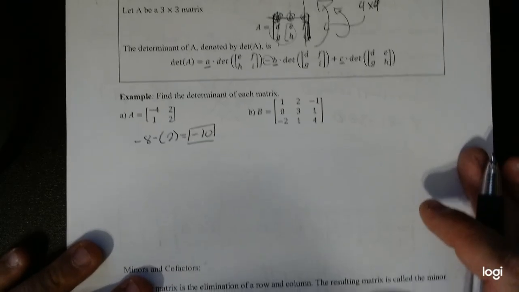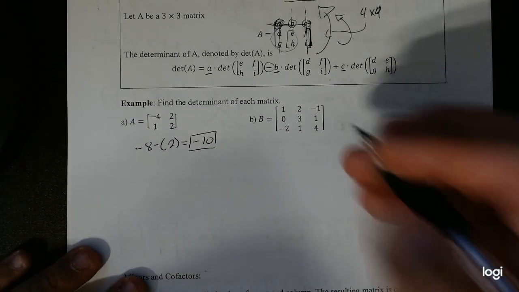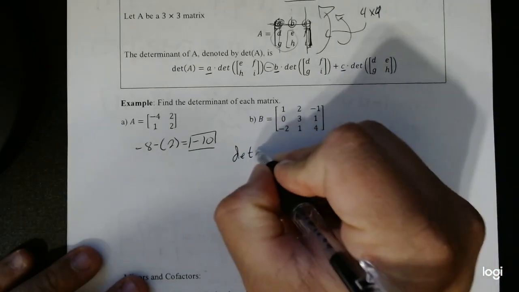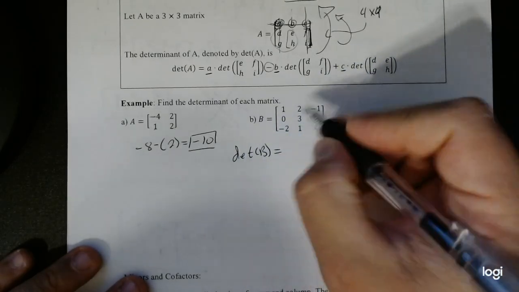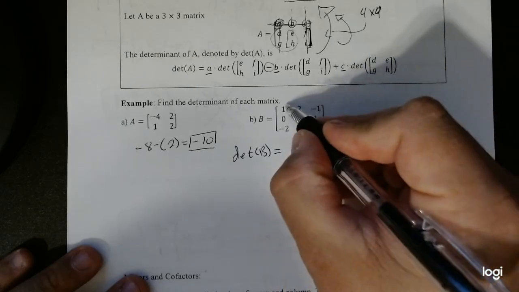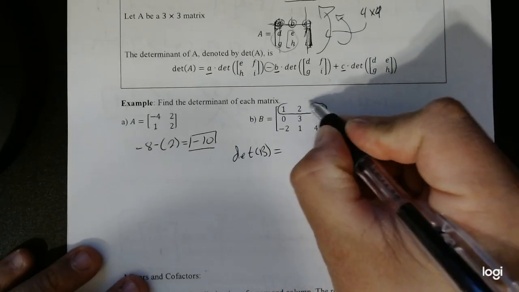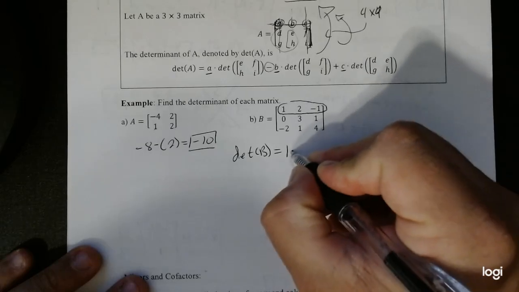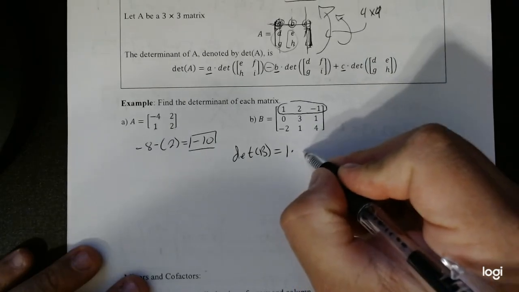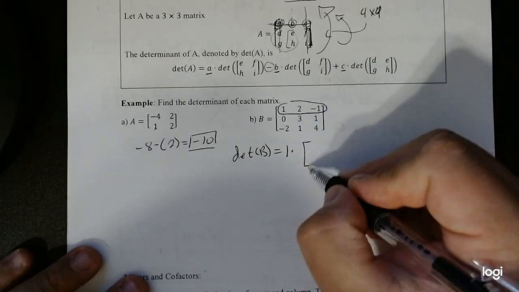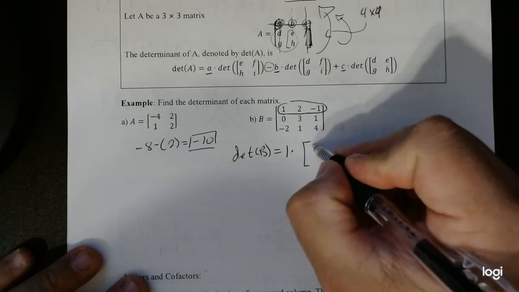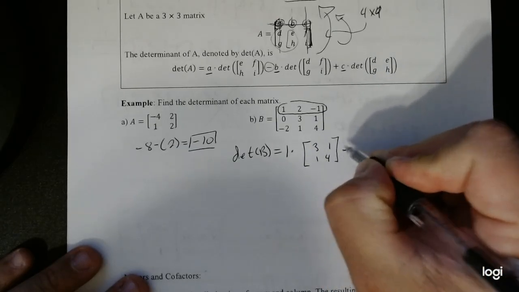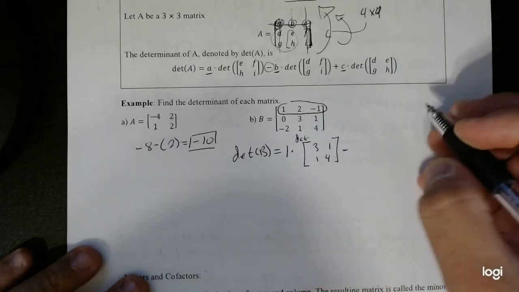So now using our new 3 by 3 formula here, the determinant of B is going to be the first entire row as the numbers in front. So 1 times the determinant of the matrix 3, 1, 1, 4. So we'll get the determinant of this.